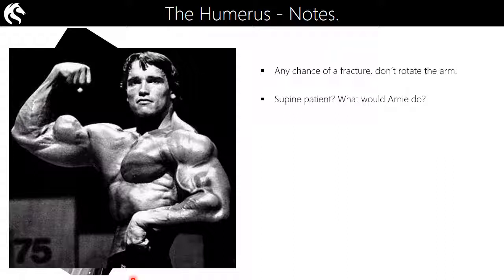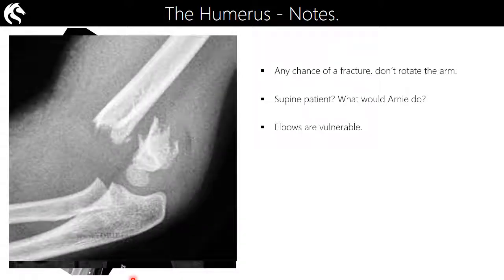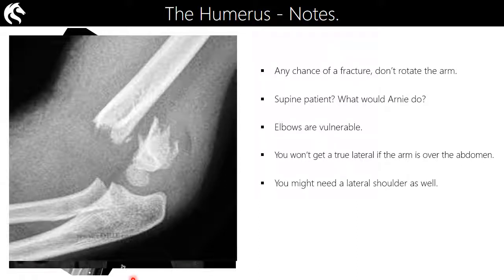So there's no reason why it has to necessarily be a lateromedial lateral. It can be mediolateral, so just be prepared to think laterally. And finally, elbows are fairly vulnerable structures, so please be aware that the distal part of the humerus, particularly with pediatrics and supracondylar fractures, can be a vulnerable area.